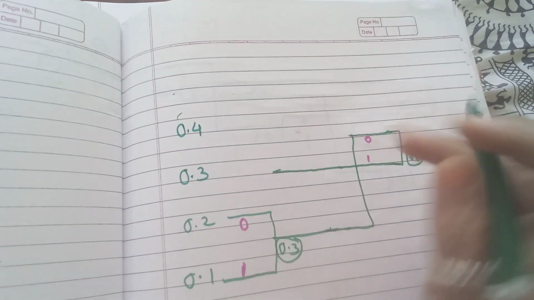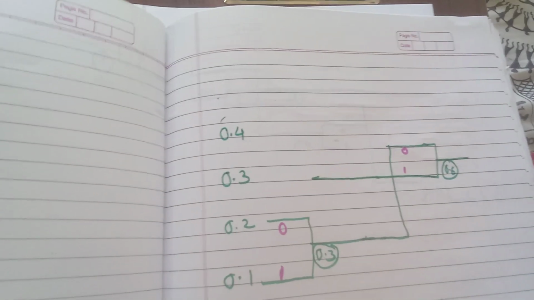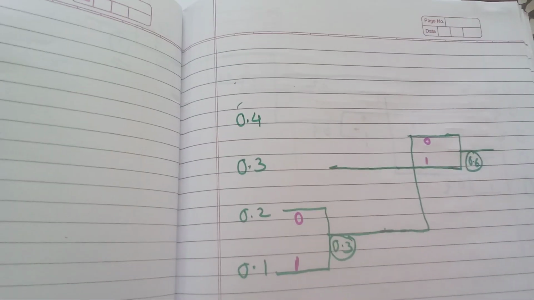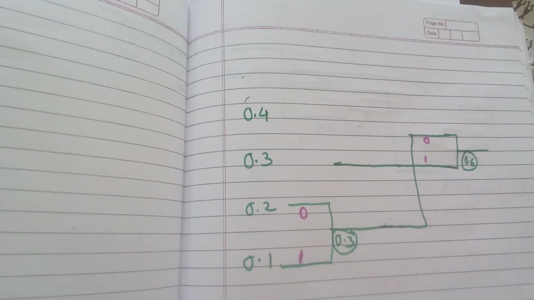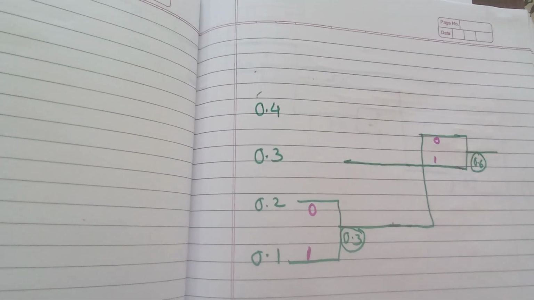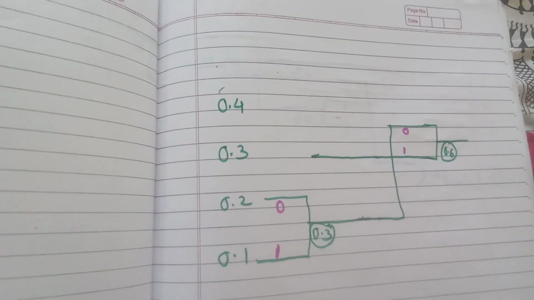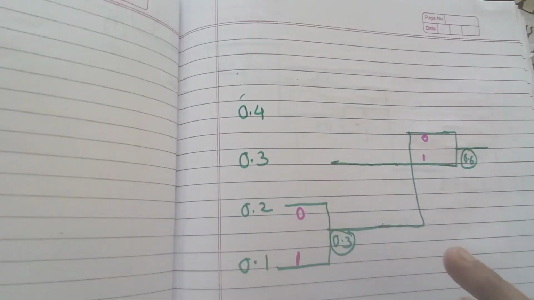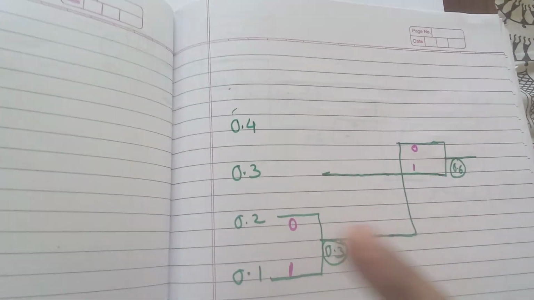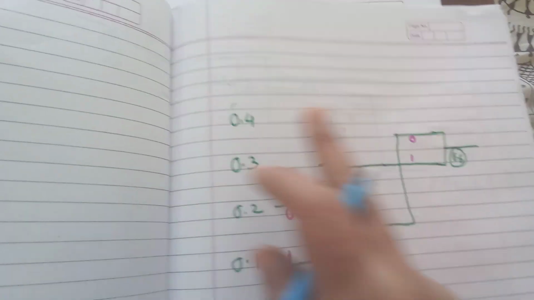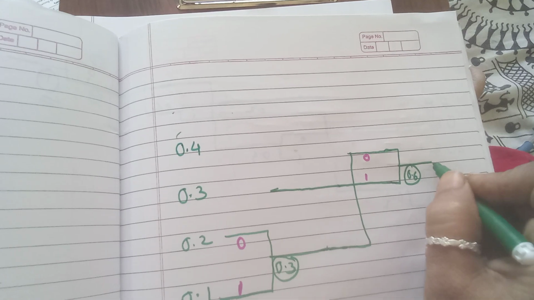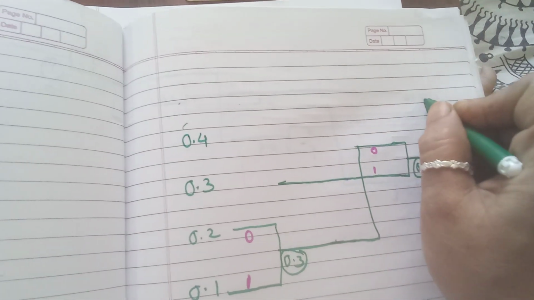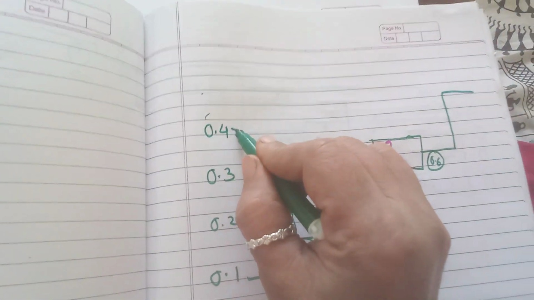Now you have 0.6 and 0.4, only two probabilities, so there is no need to check other probabilities or do any further comparison. We only compare 0.4 and 0.6. 0.6 is higher than 0.4, so the higher probability you take upward and the lower probability downward.